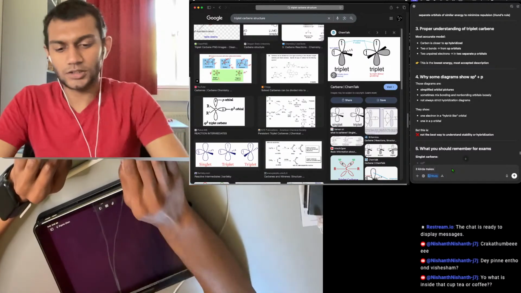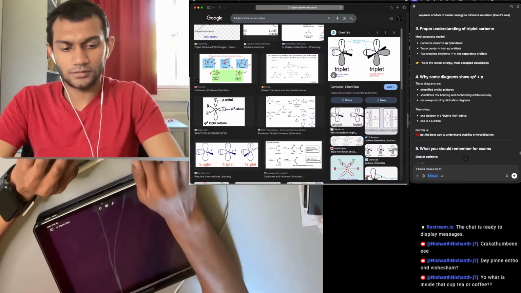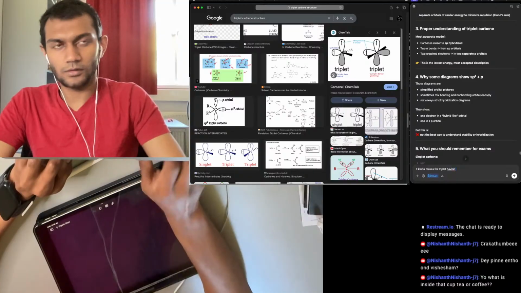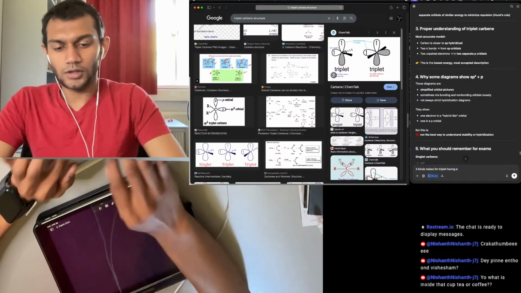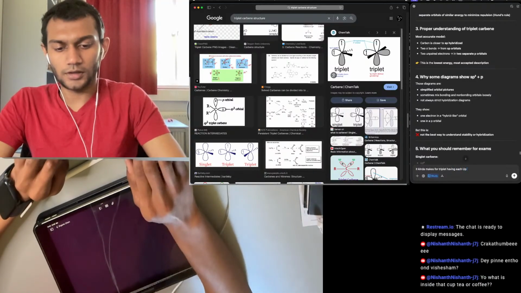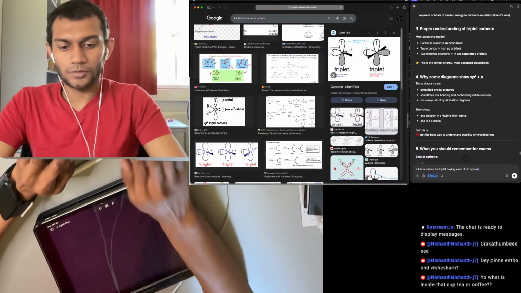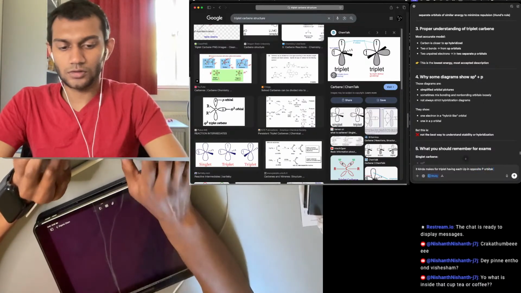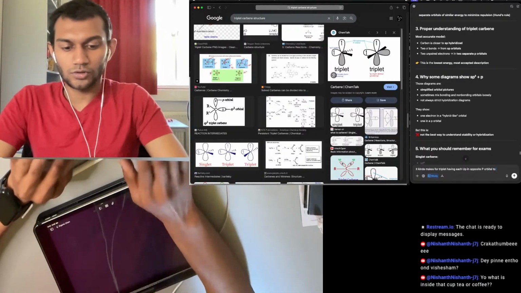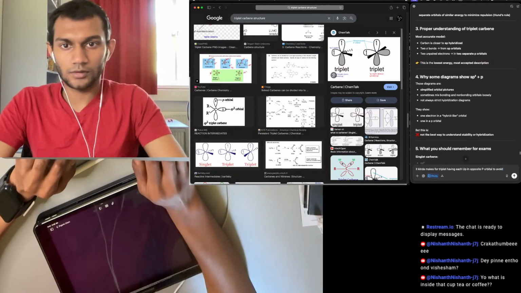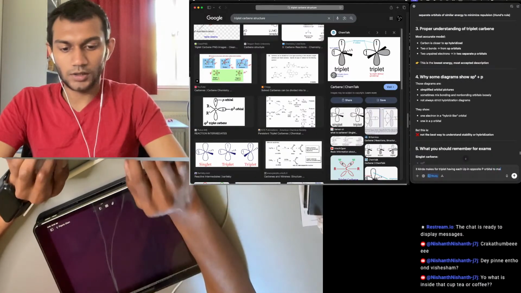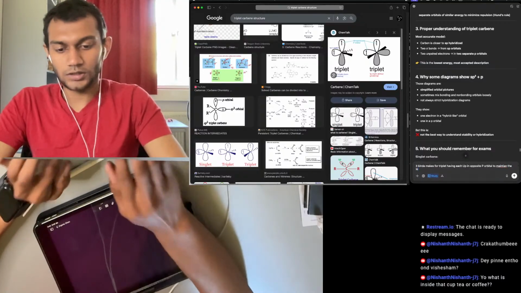It kind of makes sense for triplet having each unpaired electron in opposite p orbitals to avoid, or to maintain the least repulsion.